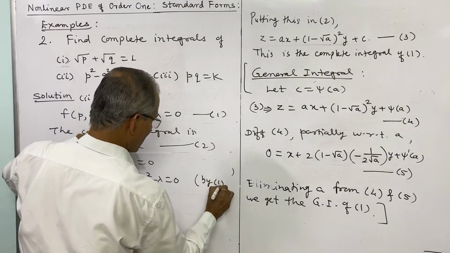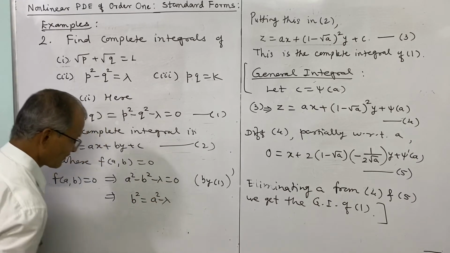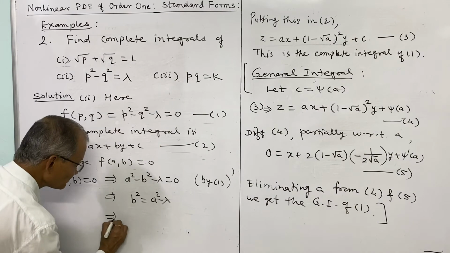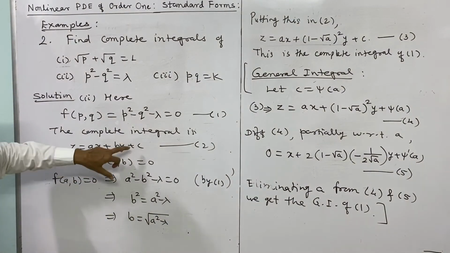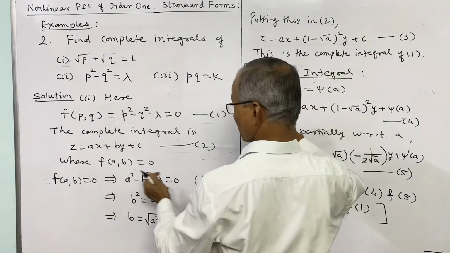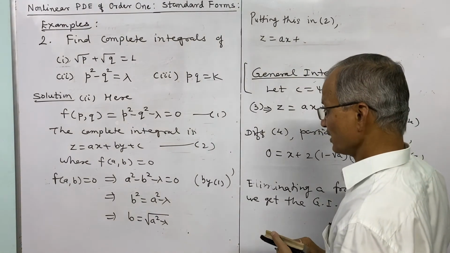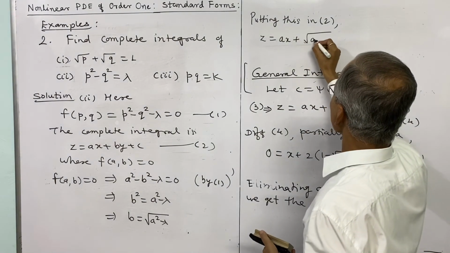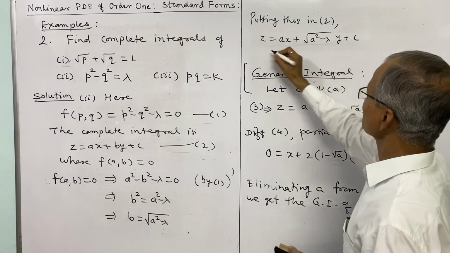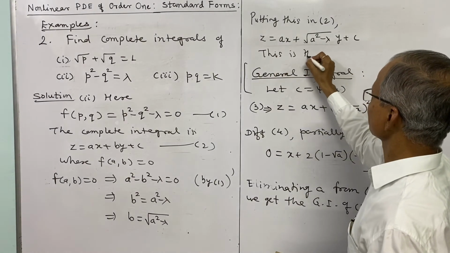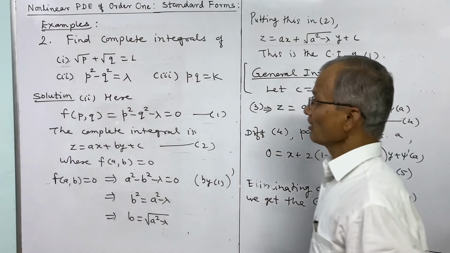That implies the value of b square is a square minus lambda, that is, b is under root of a square minus lambda, and we use this in the second. So putting this in, we get z is equal to a into x plus root of a square minus lambda into y plus c, and this is the complete integral of 1, and this completes the second problem.